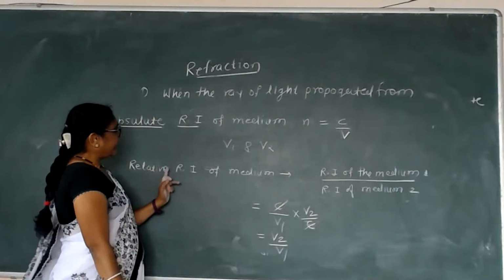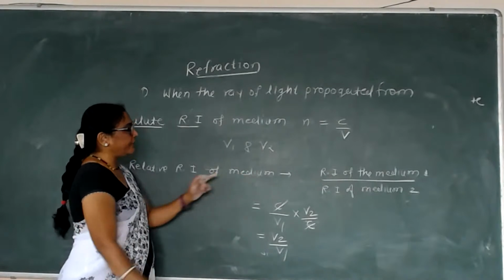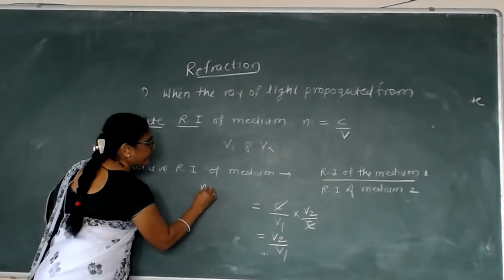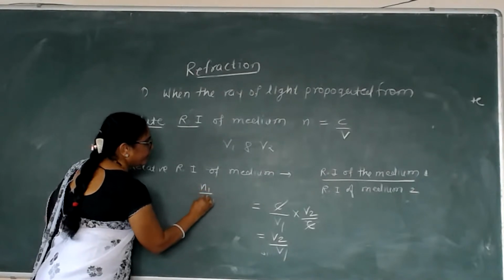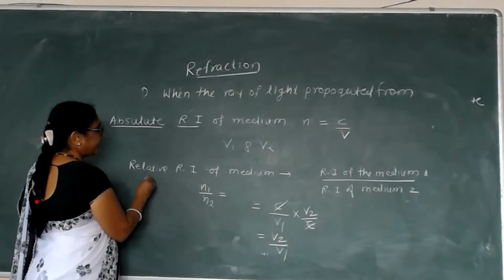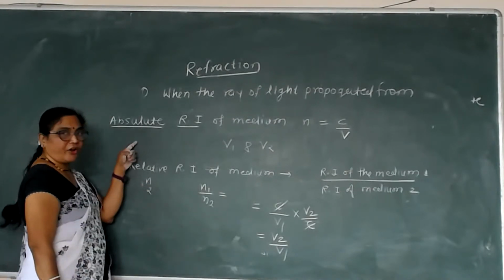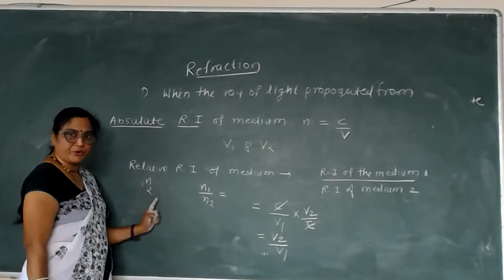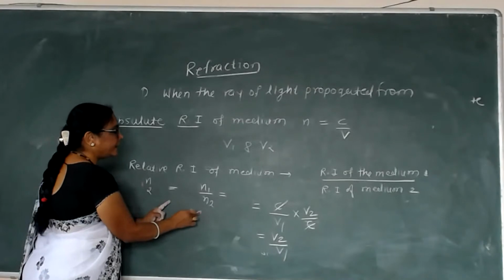So here, the relative refractive index for medium 1 to medium 2 is the case when the ray of light is propagated from the first medium to the second medium. Then we write n2 divided by n1.